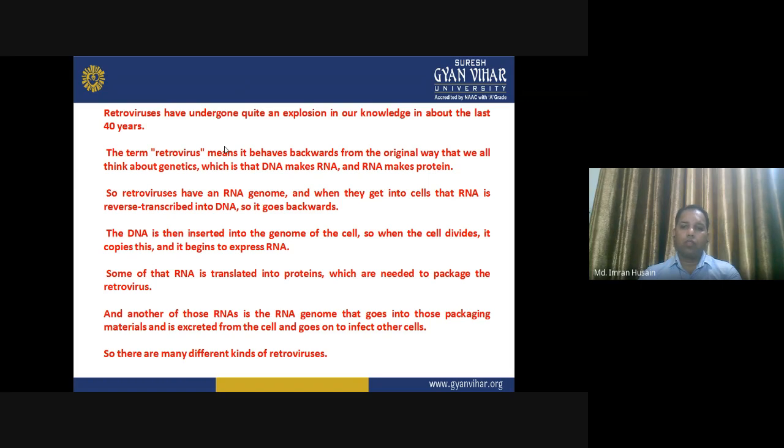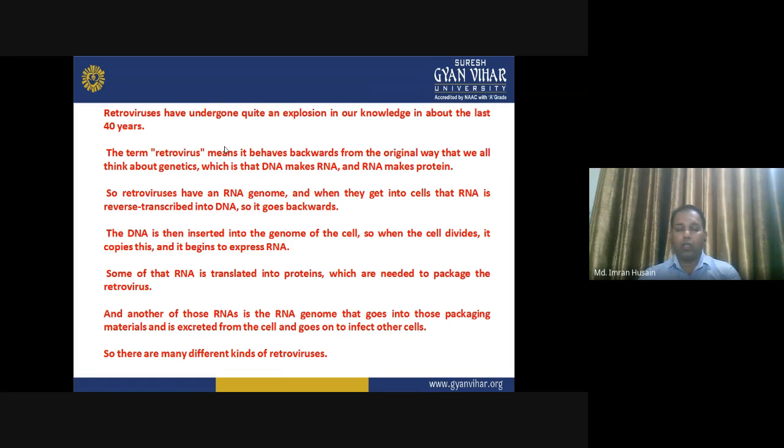So this is how it is working. Some of the RNA is translated into proteins, which are needed to package the retrovirus, and another portion of that RNA is the RNA genome that goes into those packaging proteins.